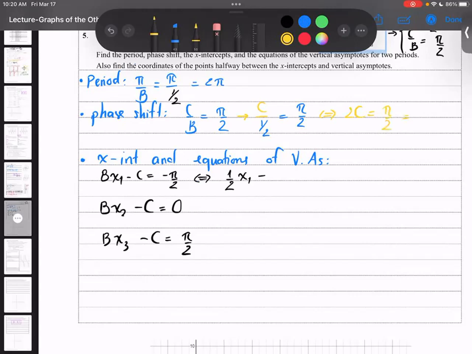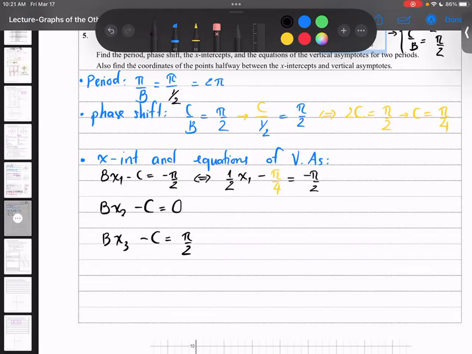Multiply both sides by a half. c is pi over 4. That's just algebra. So 1/2 x1 minus pi over 4 equals negative pi half. You solve for x1.